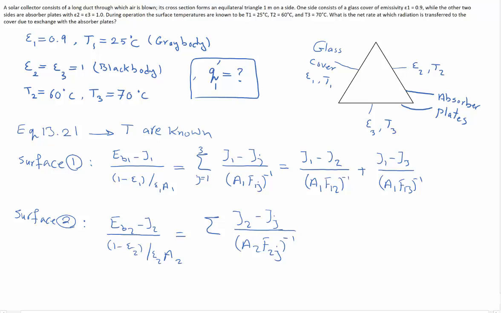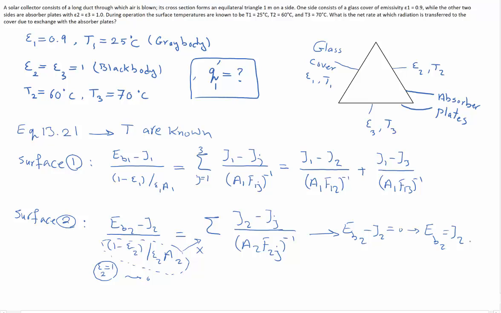Now, if you note, since the emissivity of surface 2 is 1, this term is going to approach 0. If that happens, if you multiply this by the other side of the equation, we can simply have EB2 minus J2 equals 0, or simply we can write EB2 equals J2.